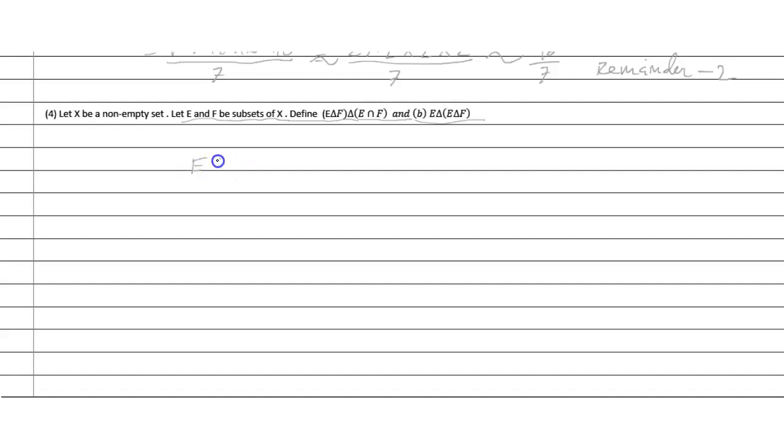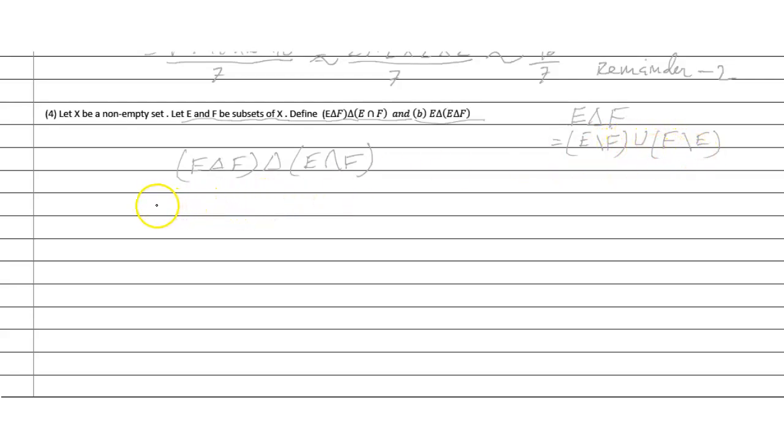First is E del F, and another is E intersection F. This is called symmetric difference. What is E del F? E del F means E minus F union F minus E.